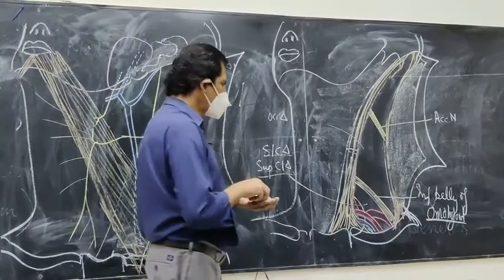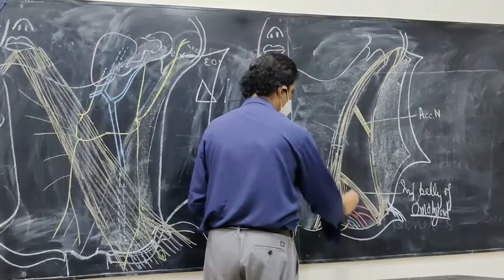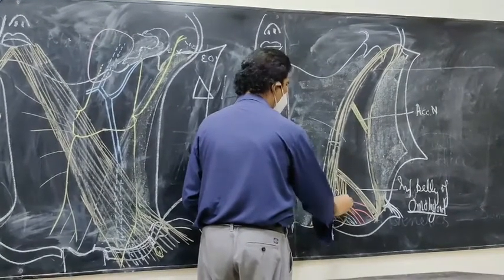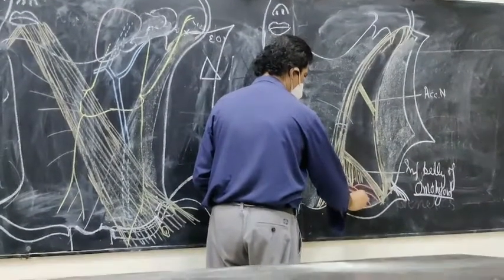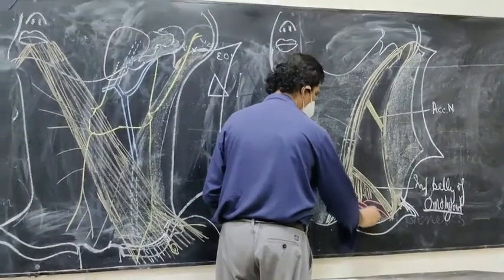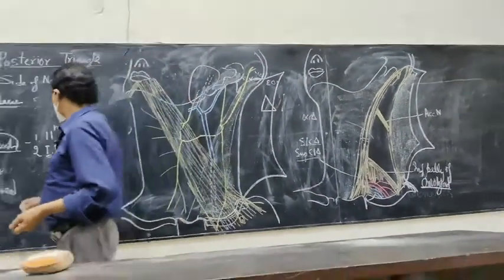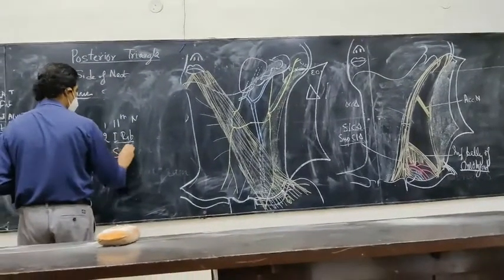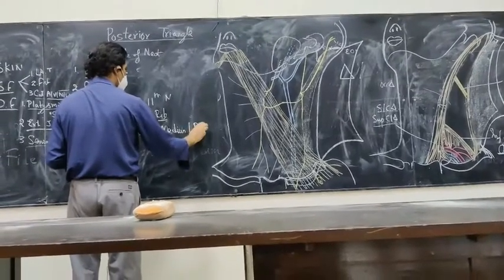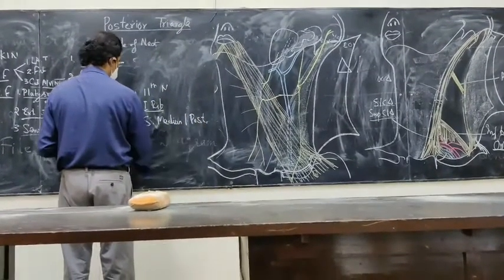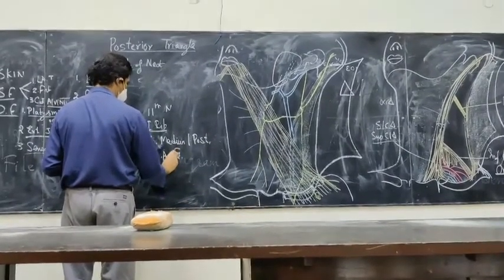Then the muscles attached to the first rib's lateral border: scalenus medius, and one more muscle lateral to it, going to insert on the second rib below, the scalenus posterior muscle. So scalenus medius and posterior are also contents, along with the subclavian artery and subclavian vein.